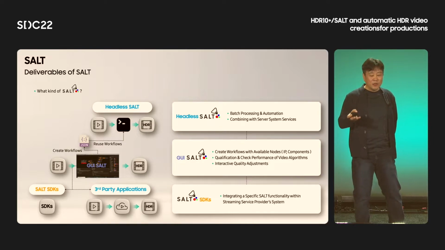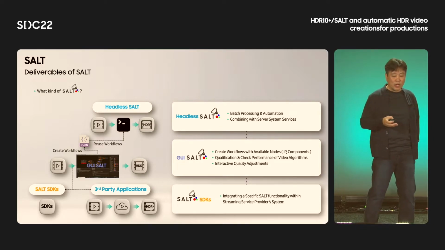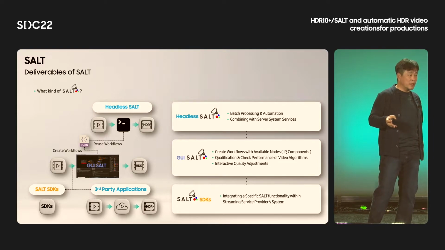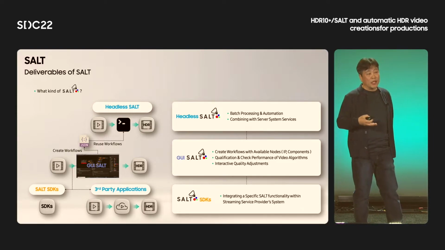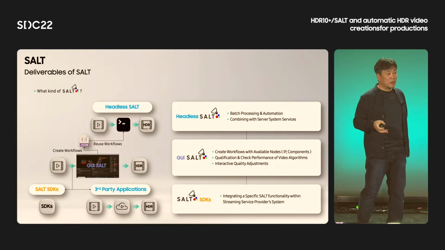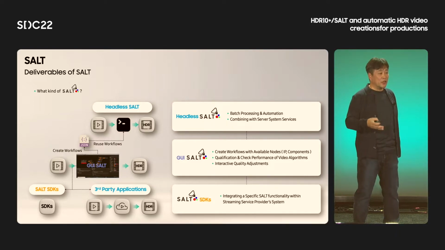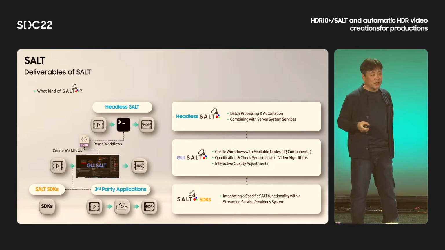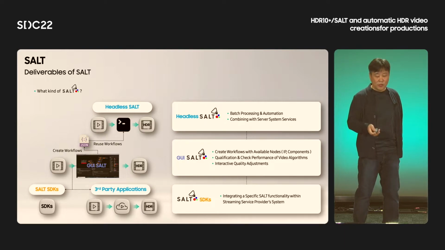And some companies, like post-production houses or OTT service providers, still want their own pipeline, but they want to extend the functionality with SALT's capability. In that case, we provide the SDK, which can be integrated into the service provider's system.